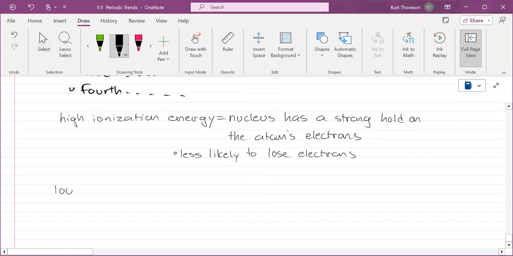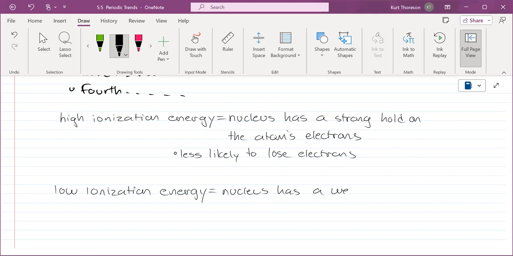Then we have a low ionization energy. The nucleus has a weak hold on the atom's electrons.